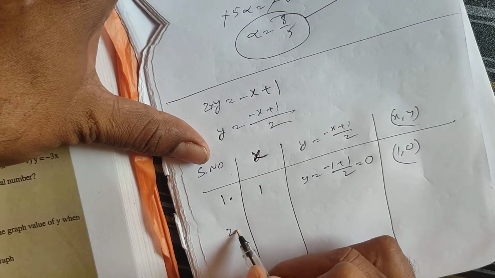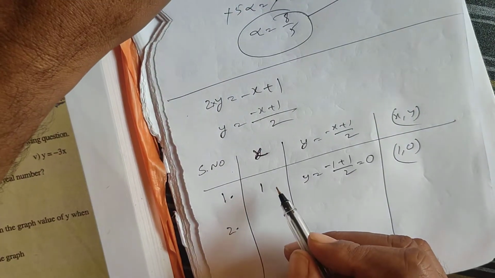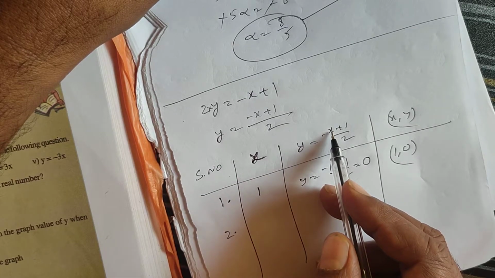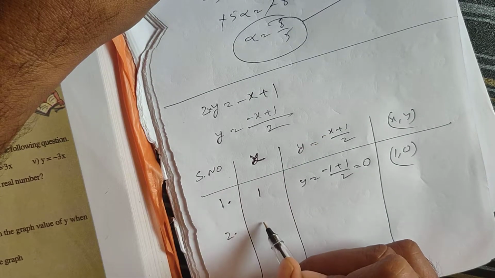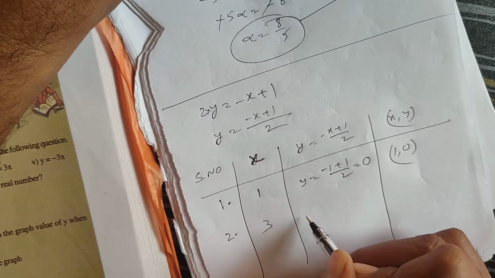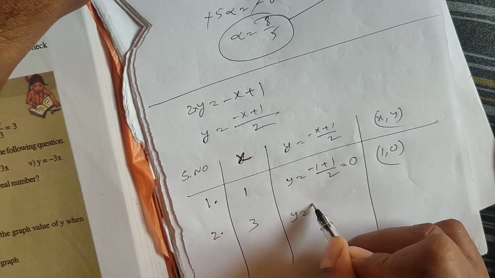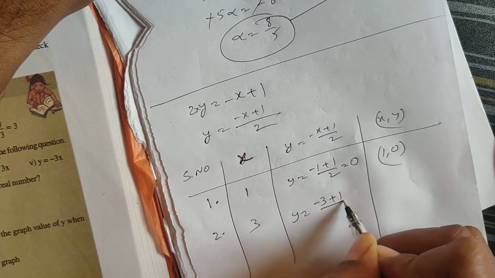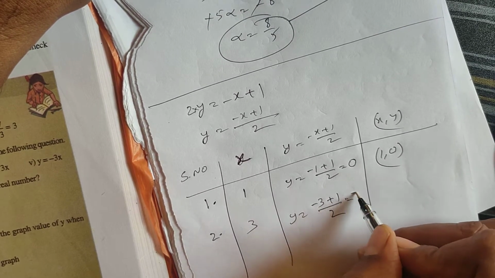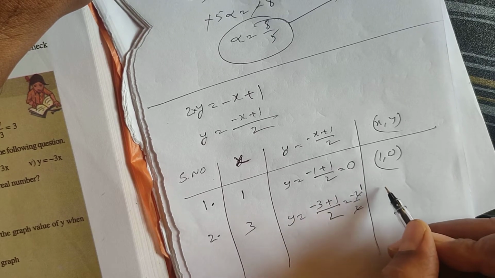Then another point. If you take x is equal to 3, y is equal to minus 3 plus 1 by 2. Minus 3 plus 1 is minus 2 by 2, means you are getting minus 1.